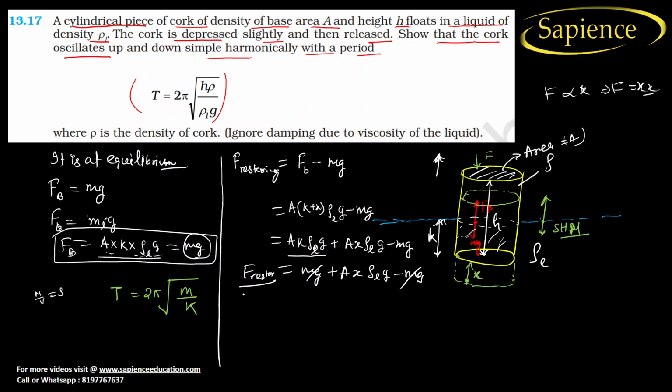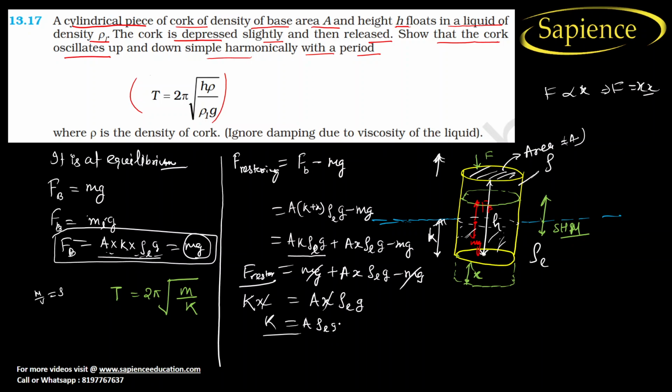So here we have to put k into x, and this is equal to area into x into rho L into g. We can cut this x, so we have got k: k is equal to area into rho L into g.